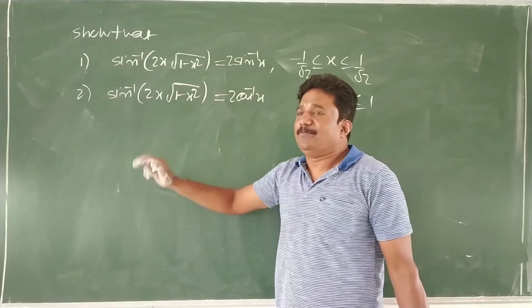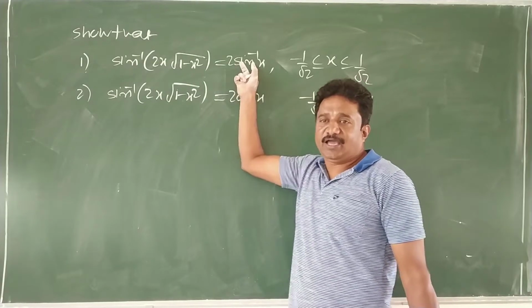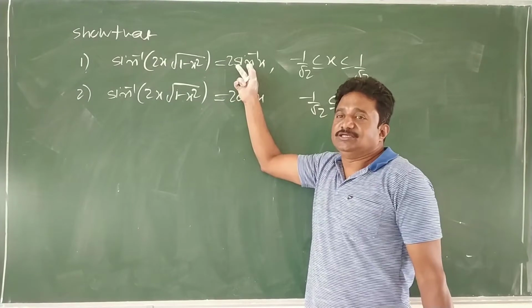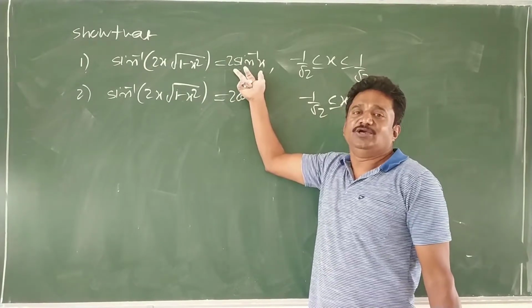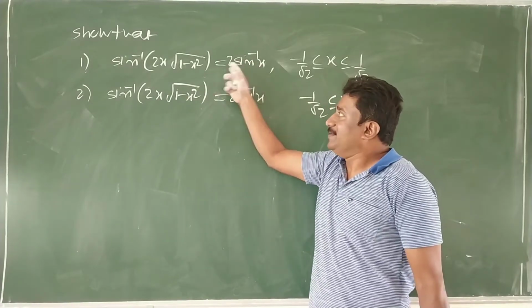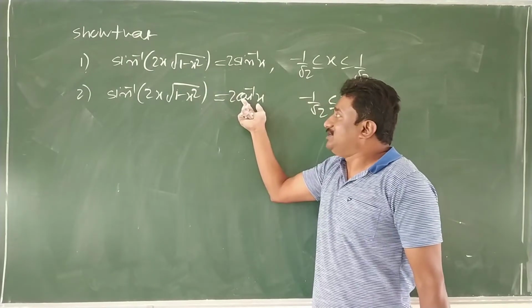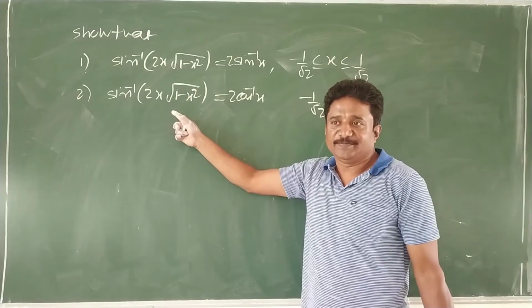Because I have sine inverse x on the right side, and 2 sine inverse x is required for us. By keeping the right side in mind, you choose the substitution. Here we have sine inverse x: take LHS and put x is equal to sine theta. Here we have cos inverse x: take LHS and put x is equal to cos theta.